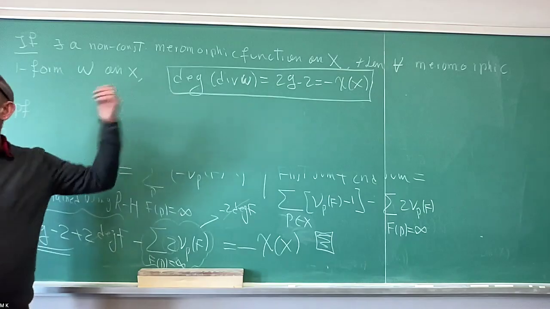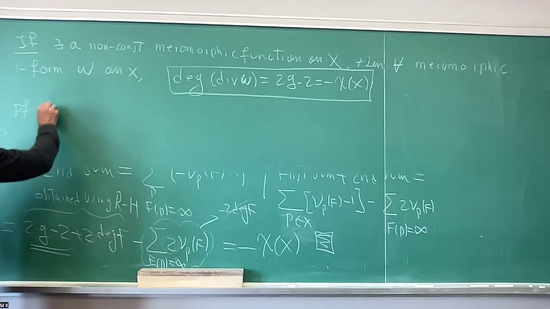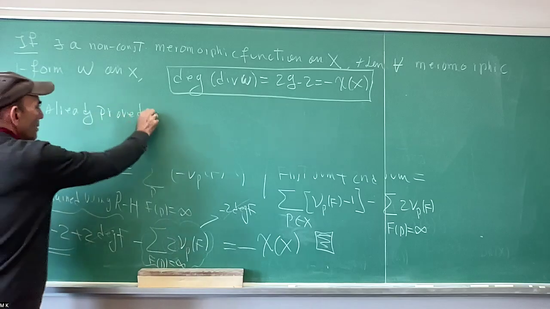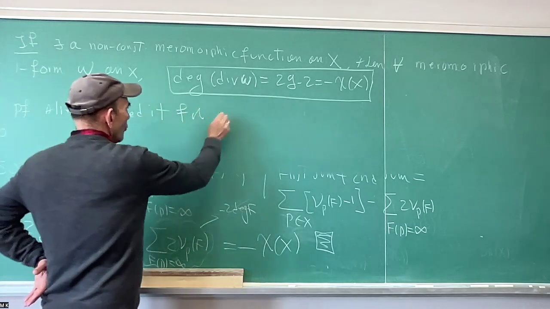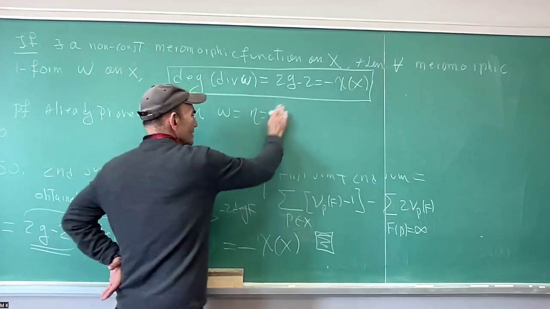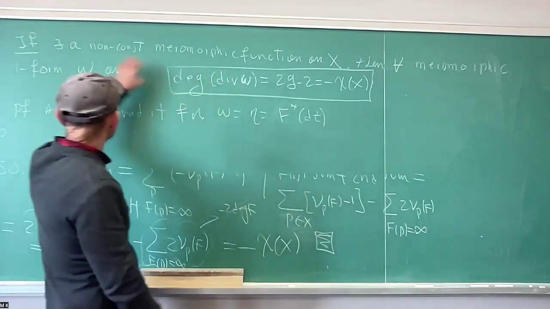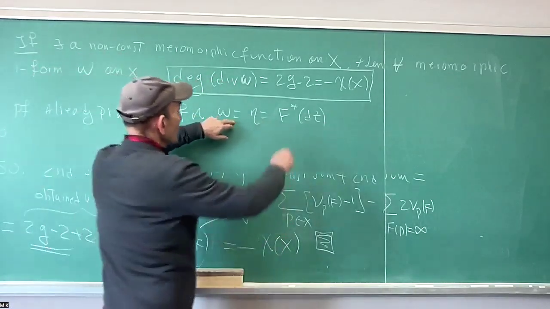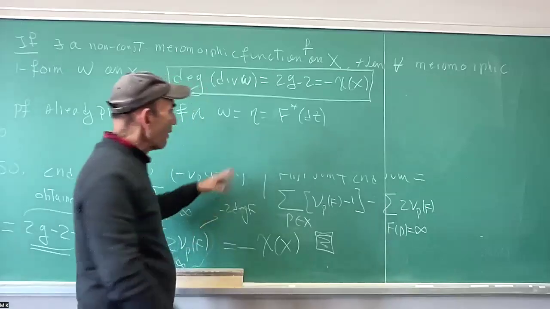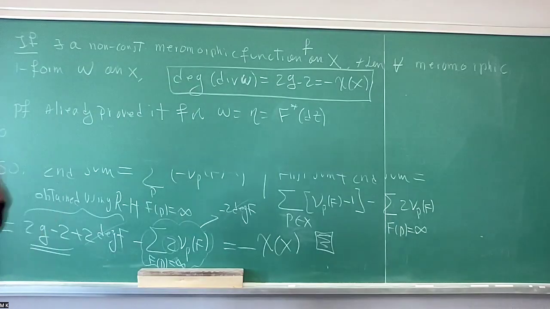We proved this result already for one omega, namely omega equal to eta, which was f star of dz. We just use this f. And now we know that any 2 canonical divisors have the same degree, so we're done.